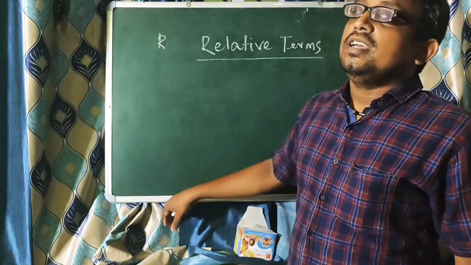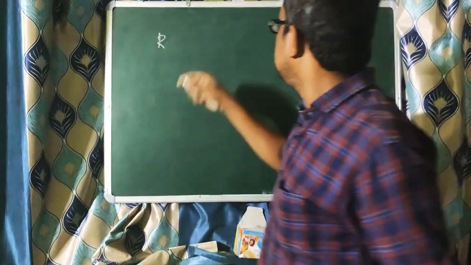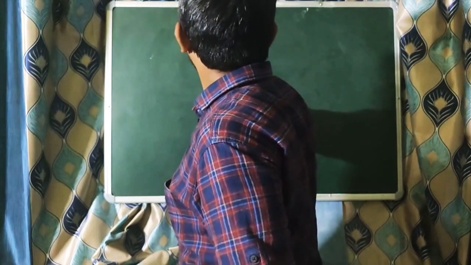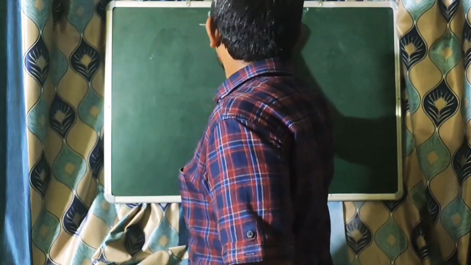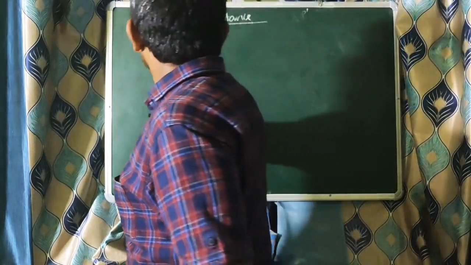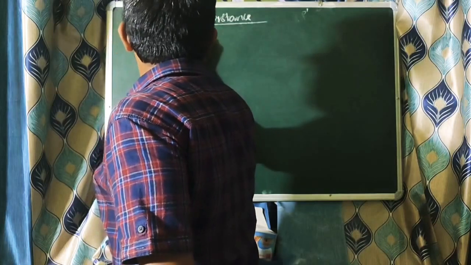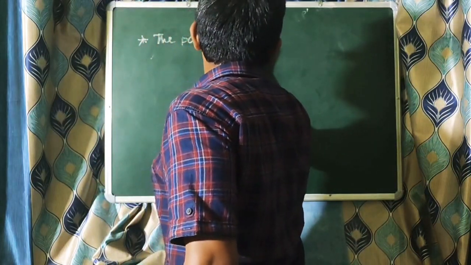The next point, let us go to distance and displacement. Distance. So what is the distance? We can write the path covered by a body.